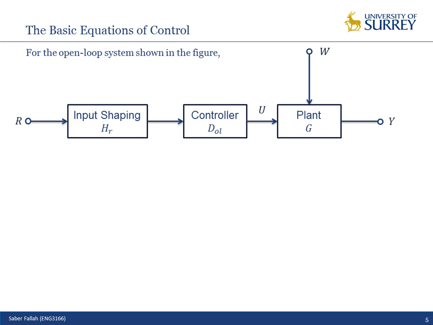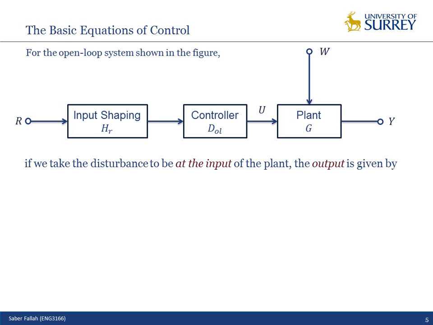The best thing is the error, the difference between the output and the reference input. For the open loop system, we don't have any measure of the output to compare to the reference input. We design our controller for certain conditions such that it gives us a response close to the reference input. But if the parameters change, or if some disturbances happen to the system, the open loop system cannot handle these situations.